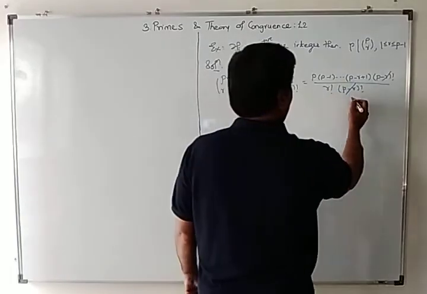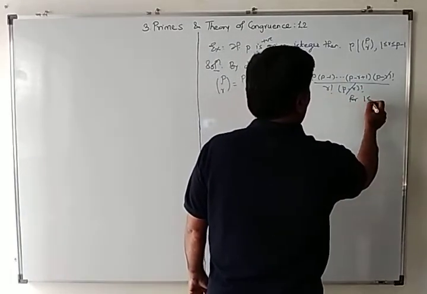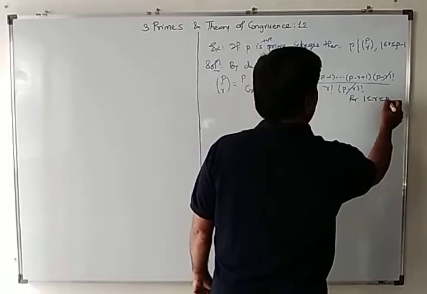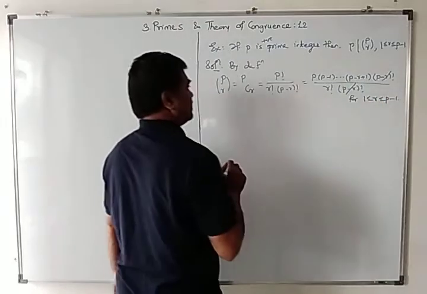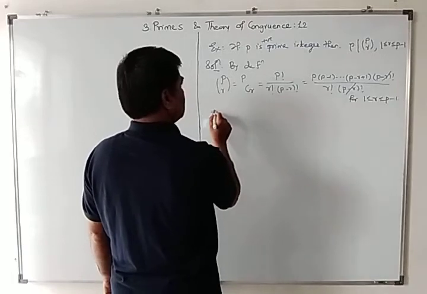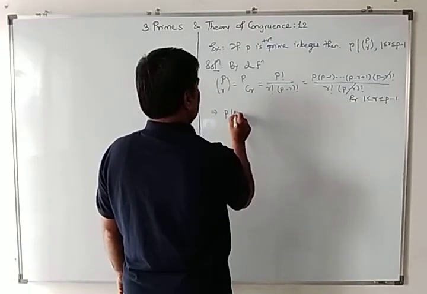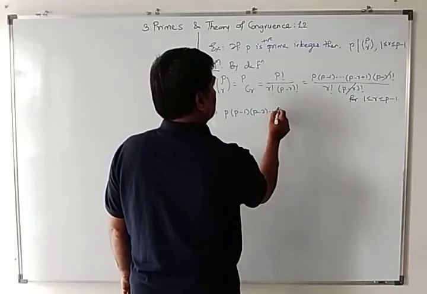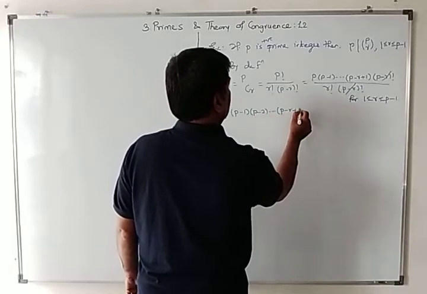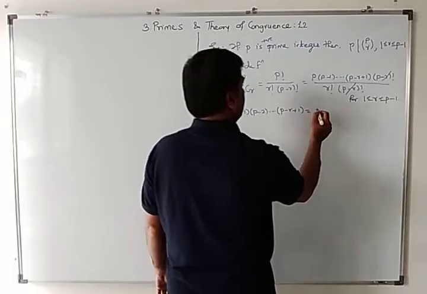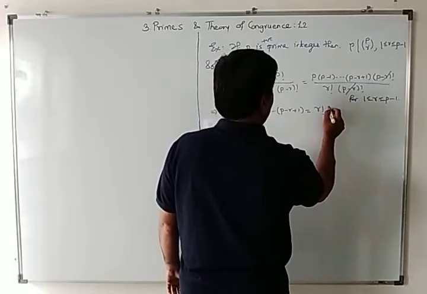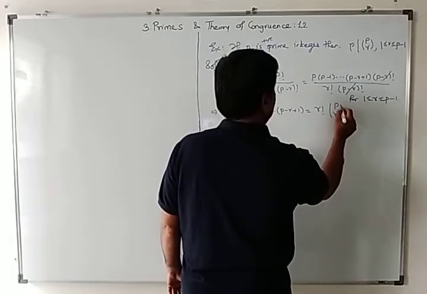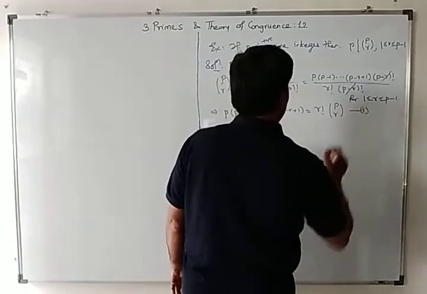Okay. For 1 ≤ r ≤ p − 1, we are getting p into (p − 1) into (p − 2) and so on up to (p − r + 1) is equal to r factorial into pCr. This is 1.